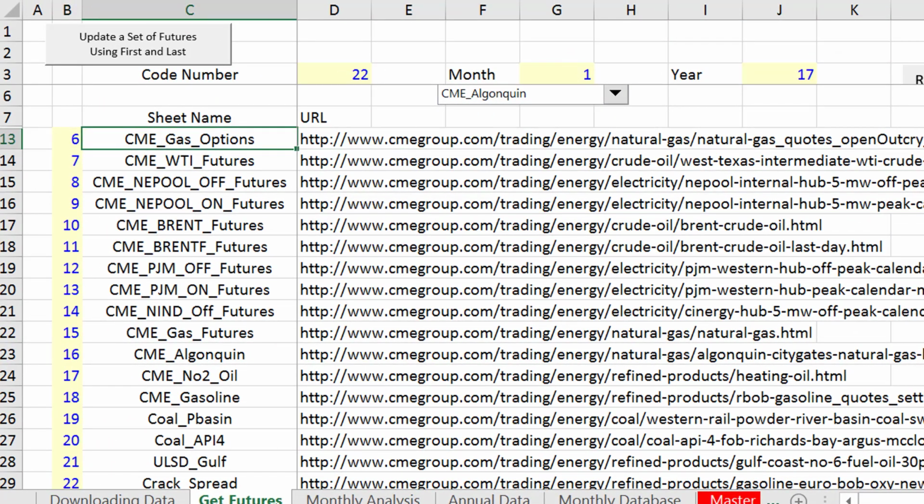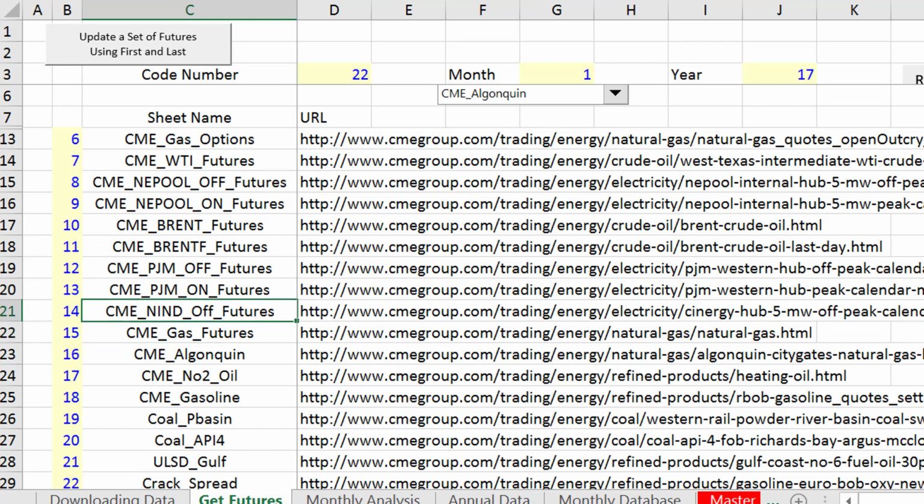But here's the one for just natural gas. I did options, so I don't want to do it. I just did futures for the rest of these. This is the on-peak NEPOOL, New England, the Brent oil price, the Pennsylvania, New Jersey, Maryland, which is a whole lot bigger, a very big market, on and off peak, Northern Indiana off-peak prices.